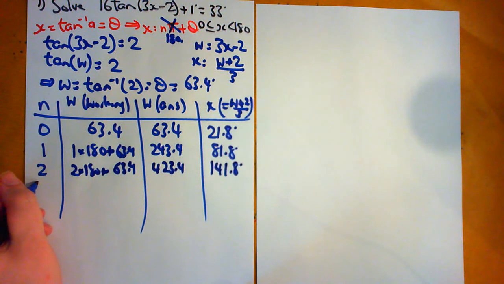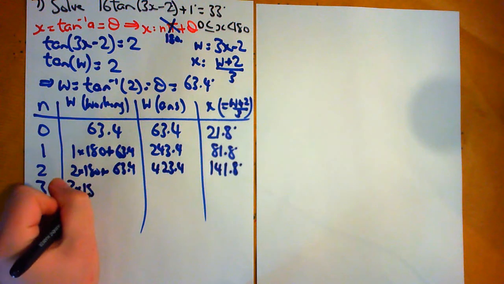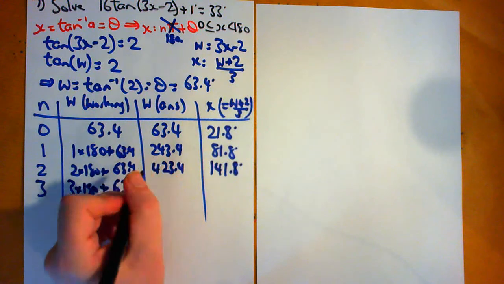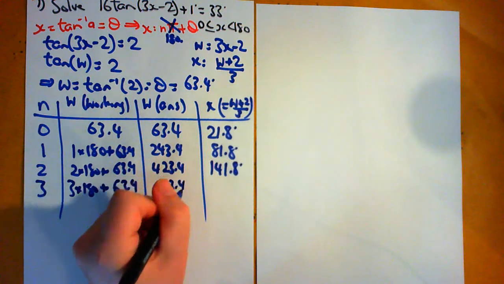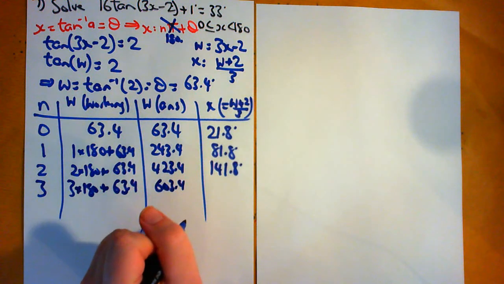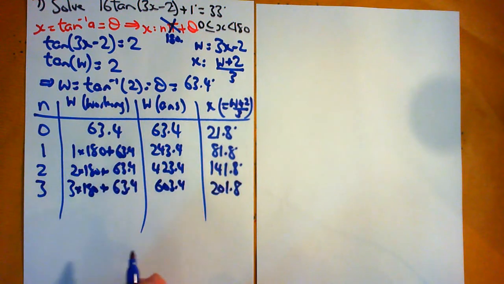And for n = 3, we've got 3 times 180 plus 63.4, which gives us 603.4. So add 2 to that, we get 605.4, and divide by 3, we get 201.8.